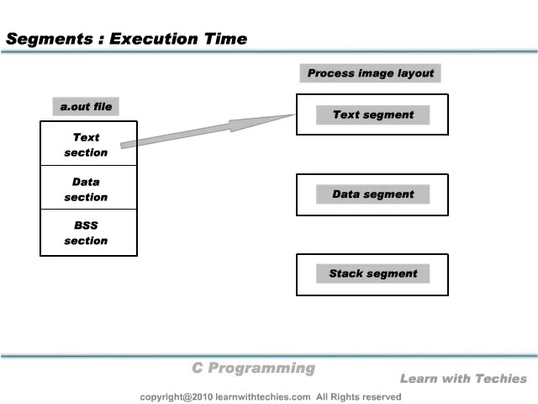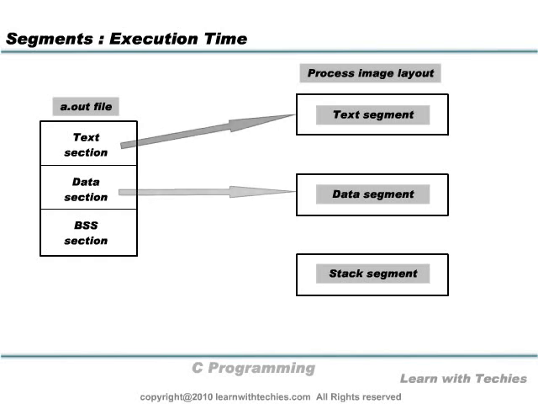The data segment is created for allocation of variables of static storage class and other hard-coded values used in the program. To create the data segment for the process, the operating system or the process loader reads the data section from the executable and copies it to the data segment area in the process address space.